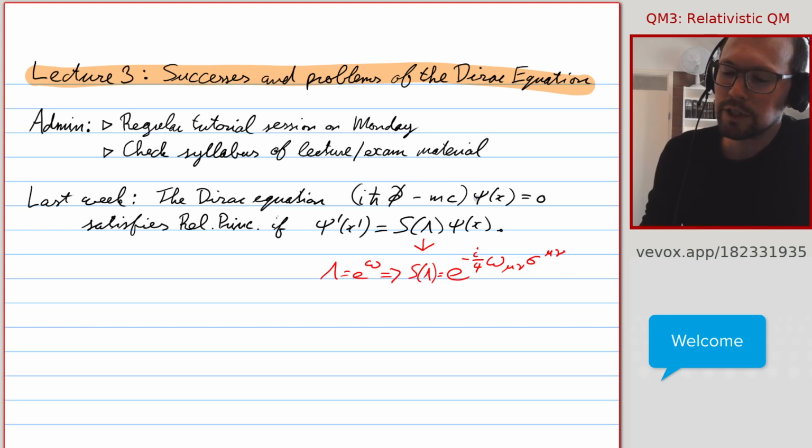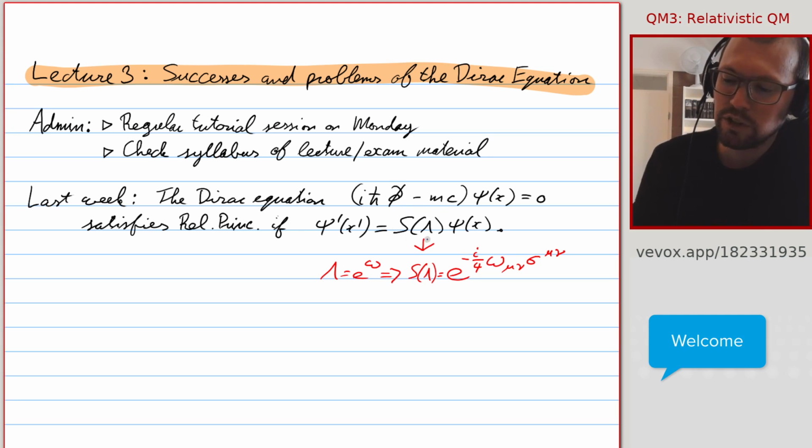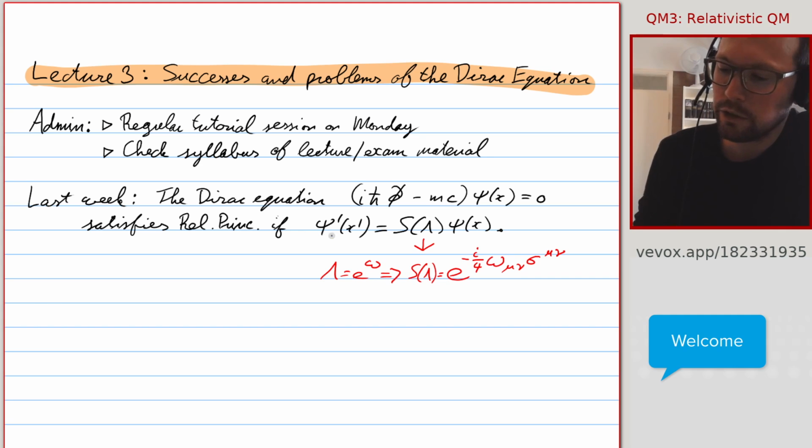And what we already proved is that if we have a solution to this wave equation in my inertial system, and I transform the Dirac spinor according to the special matrix S of lambda corresponding to the particular Lorentz transformation that I'm doing to get to your inertial system, then the transformed field will automatically satisfy the Dirac equation in the other inertial system S prime.